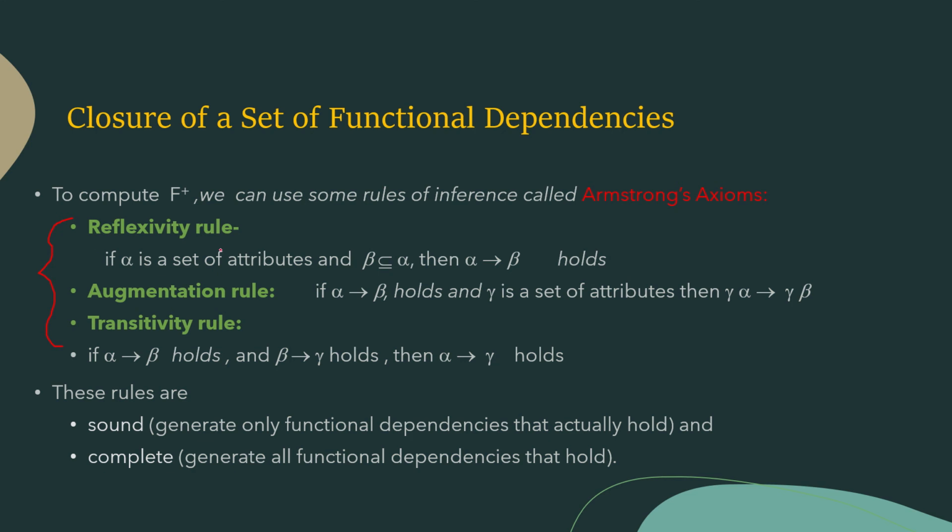The first axiom is the reflexivity rule, the second is the augmentation rule, and the third is the transitivity rule. With the help of these rules, we can compute F plus. Suppose we are given a set of functional dependencies F. If you know these rules, by using them you can identify the closure F plus, the set of functional dependencies logically derived from the existing set of functional dependencies.